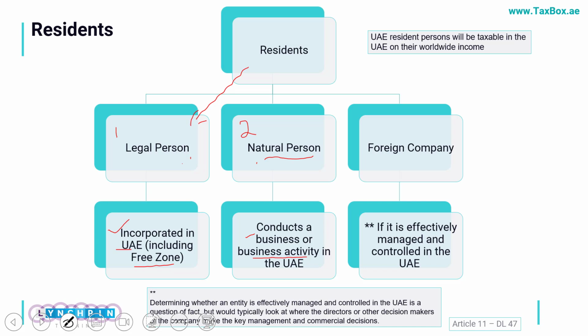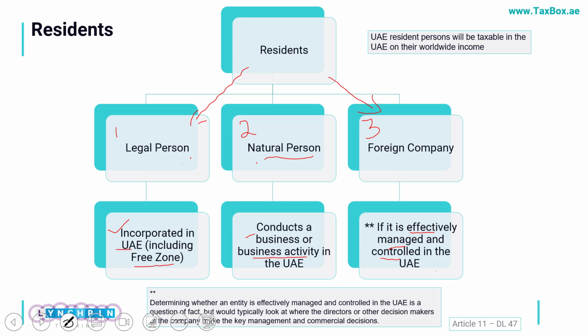Third category, which is extremely important for the entities who are incorporated in some other countries. If they are incorporated in some other countries, these companies, if they are effectively controlled and managed from within UAE, in this case also they will be considered as resident.